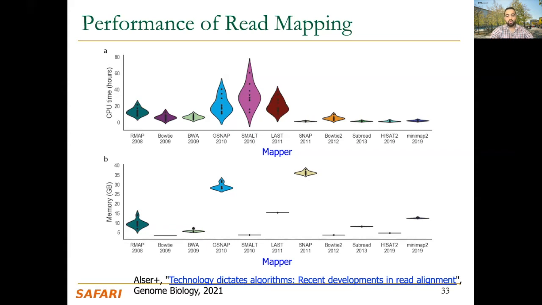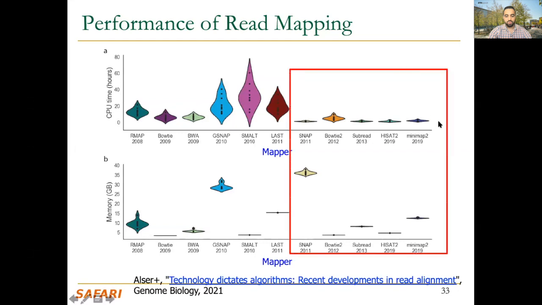That's why it's very important to maintain the speed of the tool. But for the memory, let's not worry about it, since we already have at least 32 gig in typical or traditional computers. And that also tells you the trend, or the need for a very fast read mapping process.